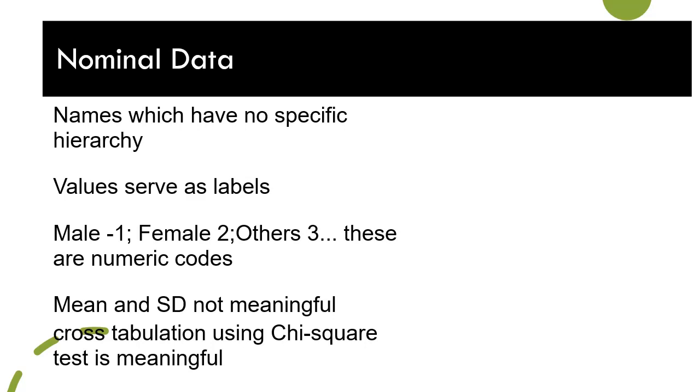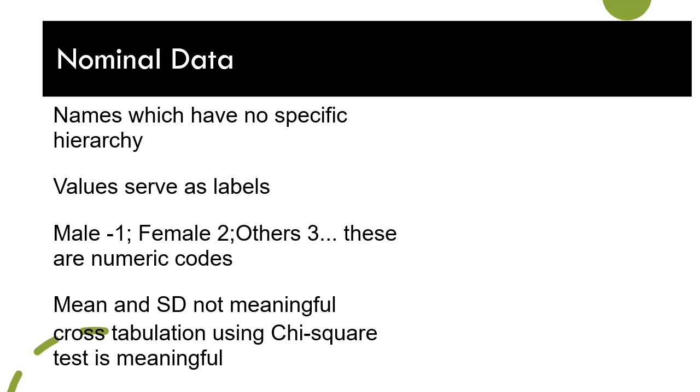For example, if we want to categorize male and female respondents, we could use number 1 for male, number 2 for female. However, the values of 1 and 2 in this case do not represent any meaningful order or carry any mathematical meaning. They are simply used as labels.